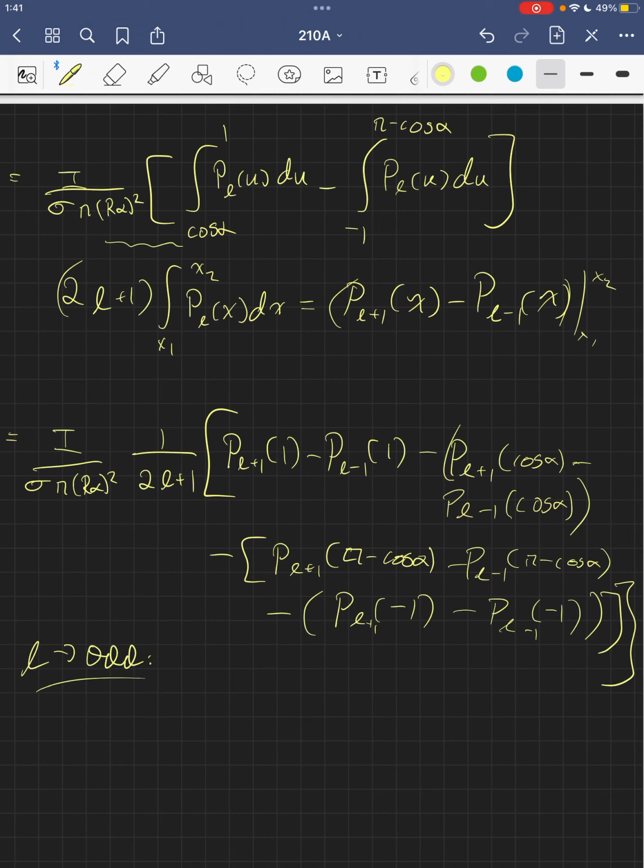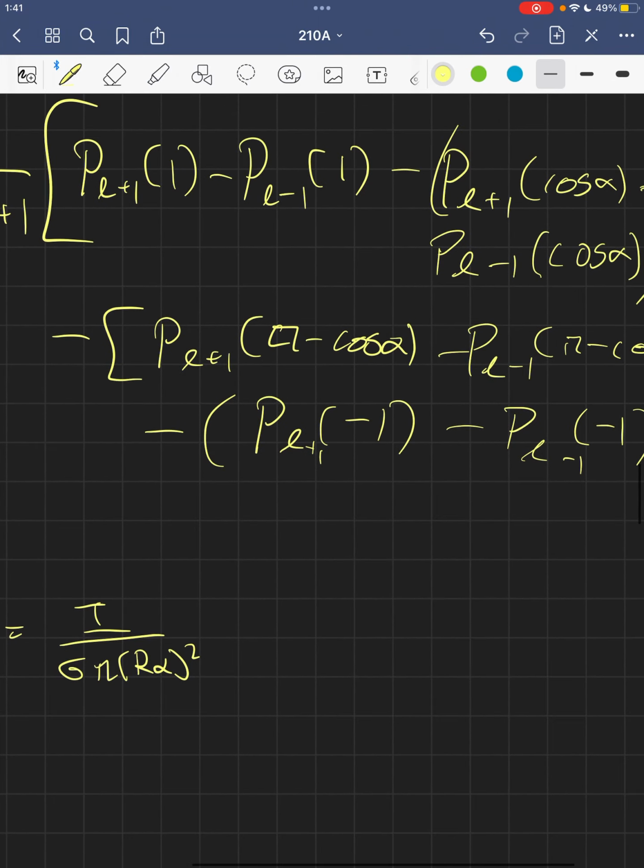And if we do that, the integral becomes I over sigma pi r alpha squared times 2 over 2L plus 1. The 2 is coming from summing everything, like I said, I'm simplifying this.